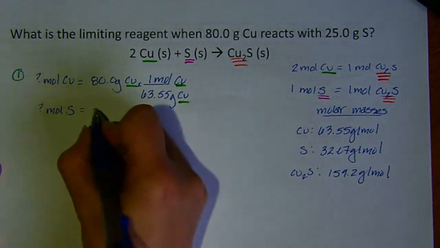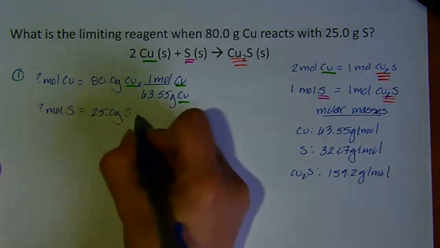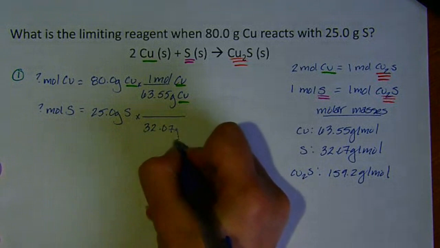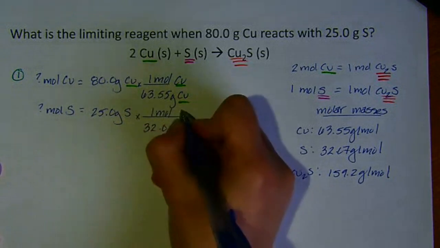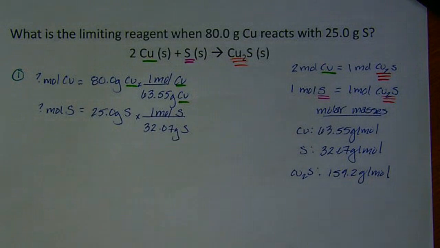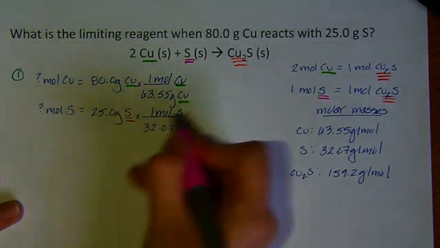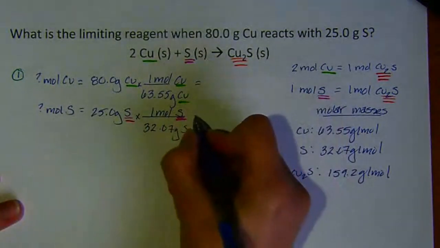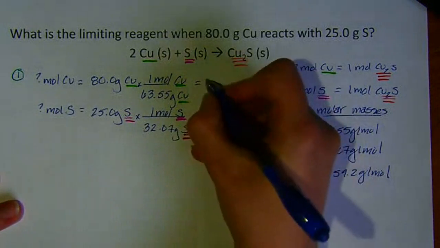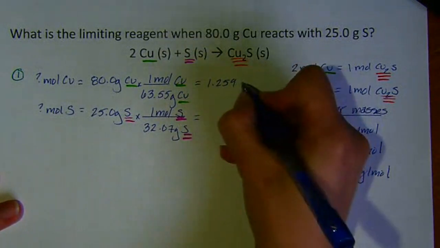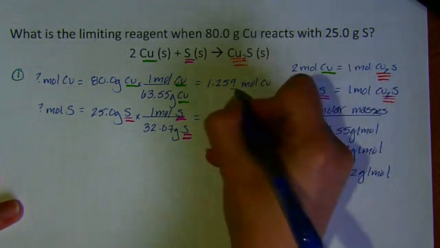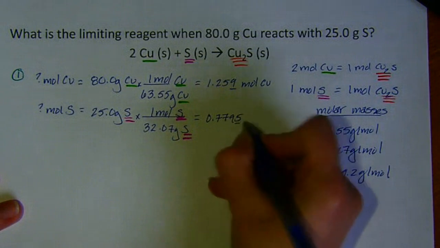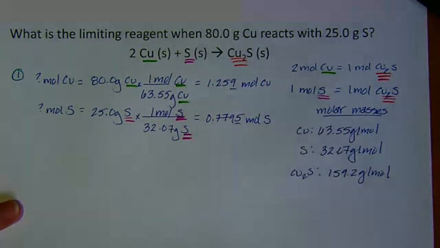We're going to figure out how many moles that 25 grams is. And when we plug those into our calculators, we find that we have 1.259 moles of copper and 0.7795 moles of sulfur.